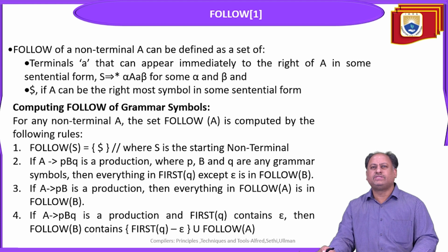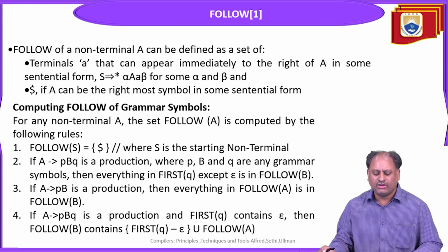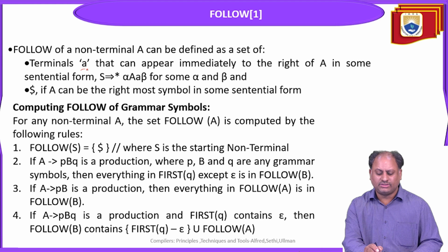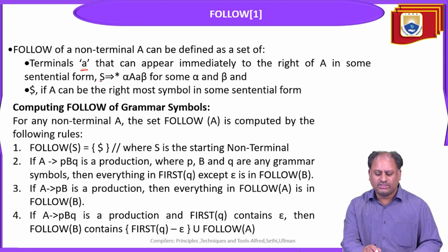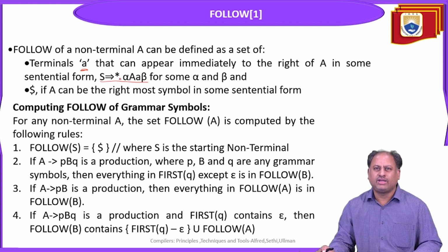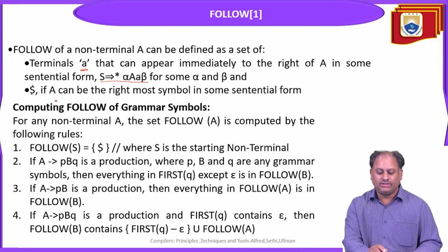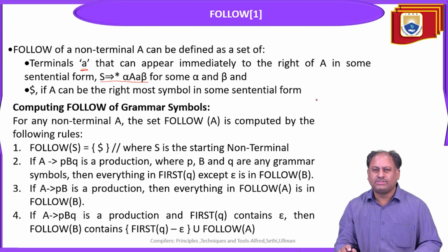Whereas the follow computation says that the follow of a non-terminal A is defined as where a terminal a appears immediately to the right of A in some sentential forms, such as S derives star alpha A a beta for some alpha beta. Then dollar is to be appended if A can be the rightmost symbol in some sentential form.